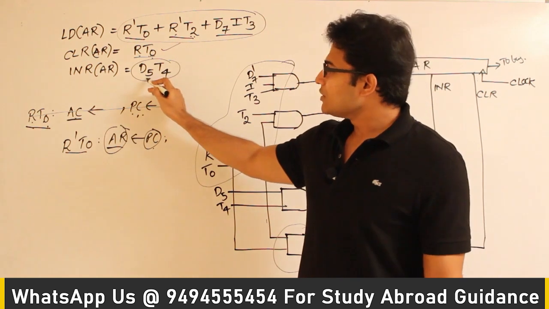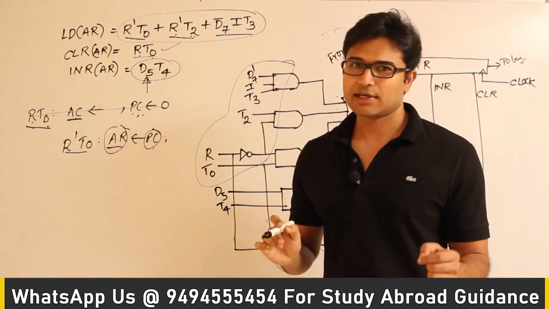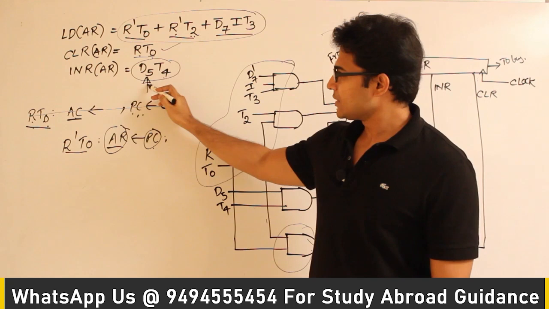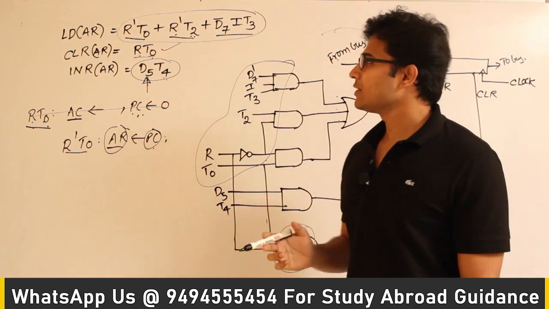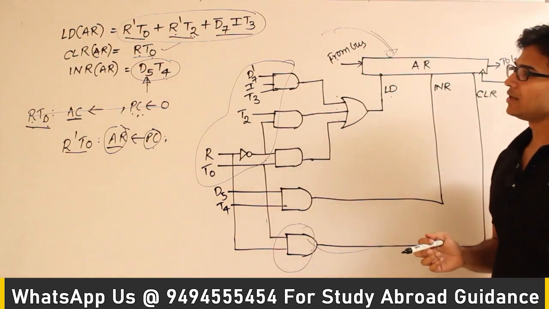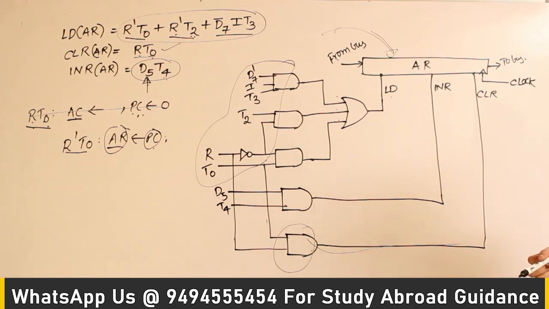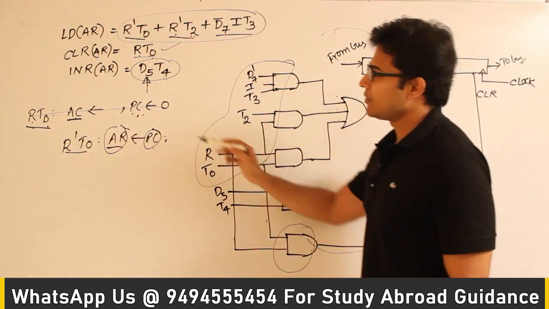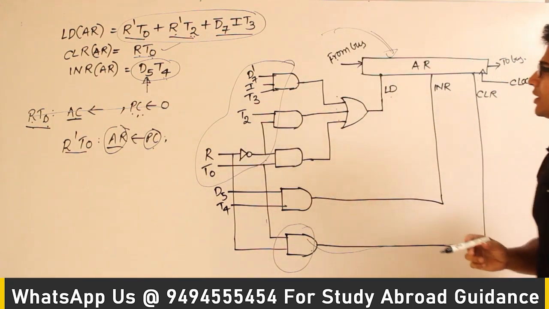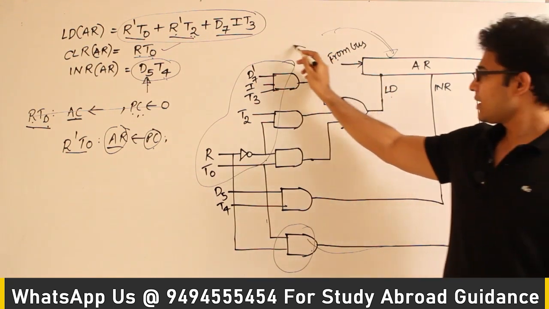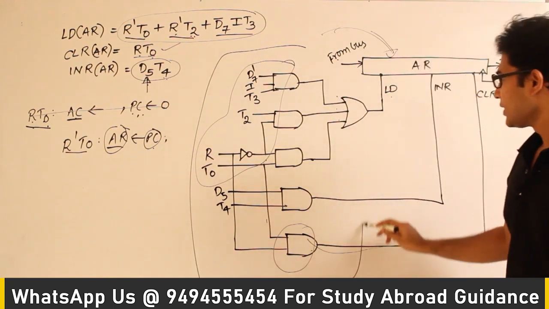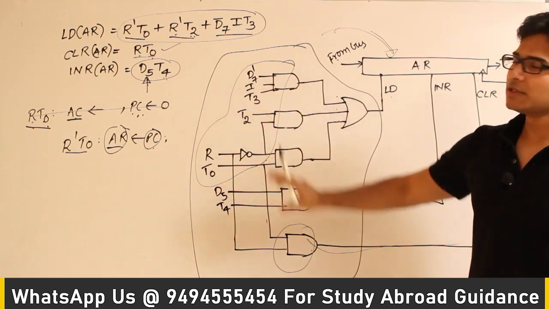It must be D5 is skip, and we are trying to execute it. Then I think we are trying to increment the address register. I don't remember exactly what instruction that was. You please check it. But it required the increment operation. That is why we did it. Got it? So now this entire part will be a part of the CPU.